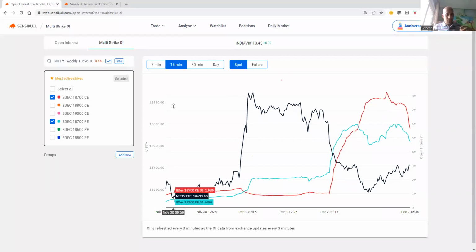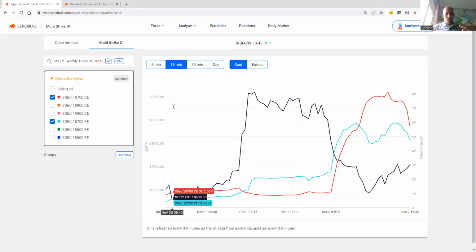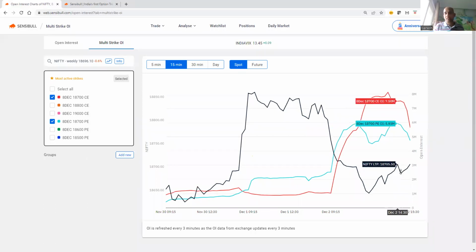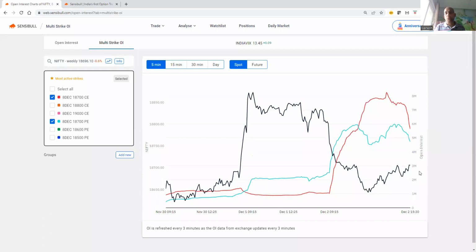People who are betting higher volumes track their strike, whether more people are unwinding or more are adding. They look at it spot-wise and 5-minutes-wise, and based on that they can change their view. That's how we use multi-strike.